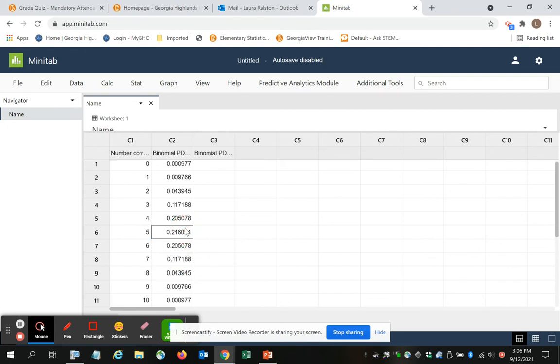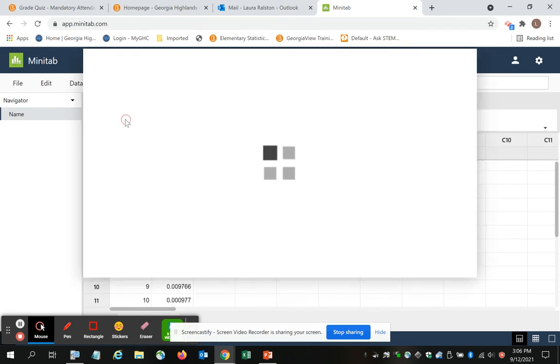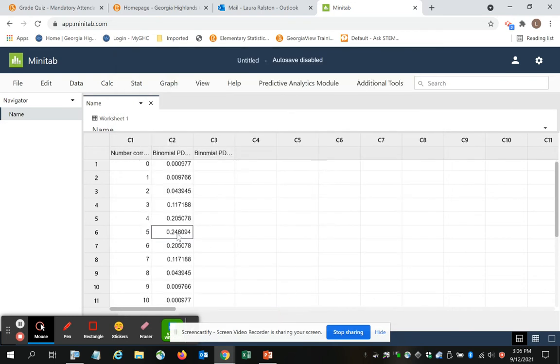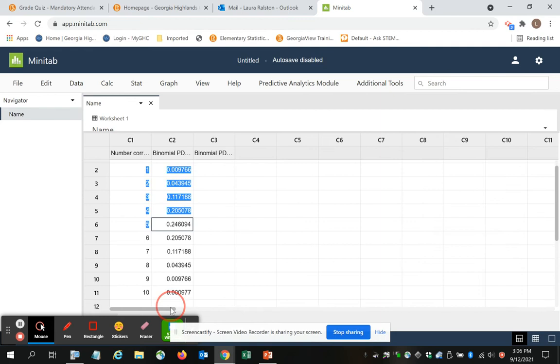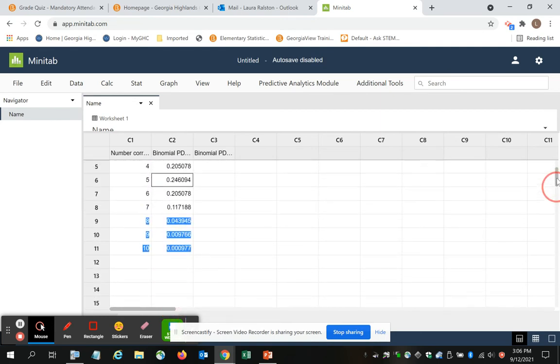It won't let me do it one at a time, and it's going to do all of them, so I'm trying to copy them. Sometimes we have to figure it out on the fly.